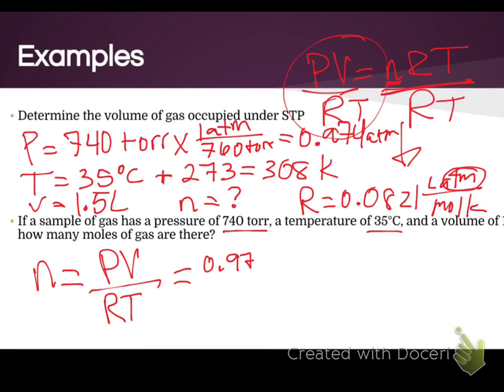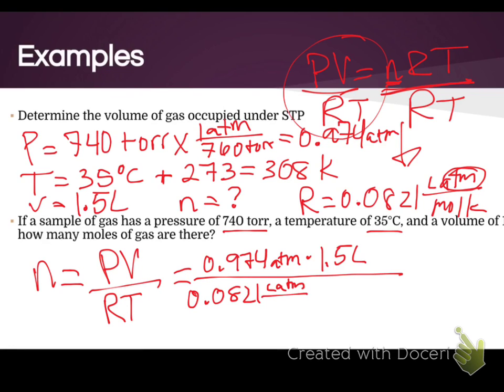So down here, 0.974 ATM times the volume, which we said was 1.5 liters, divided by R, and times T on the bottom.